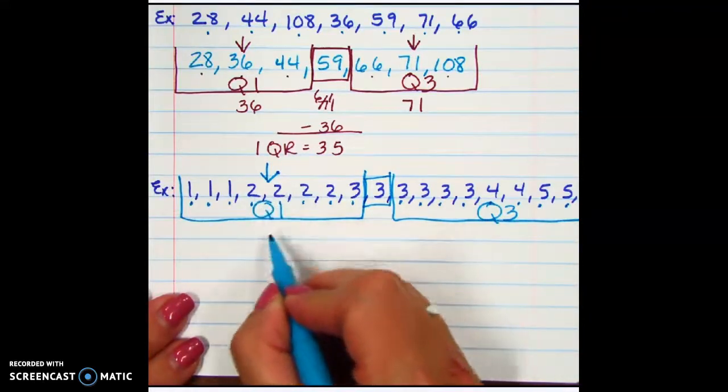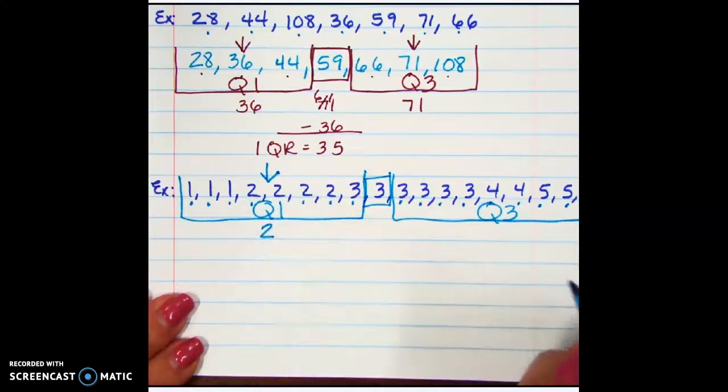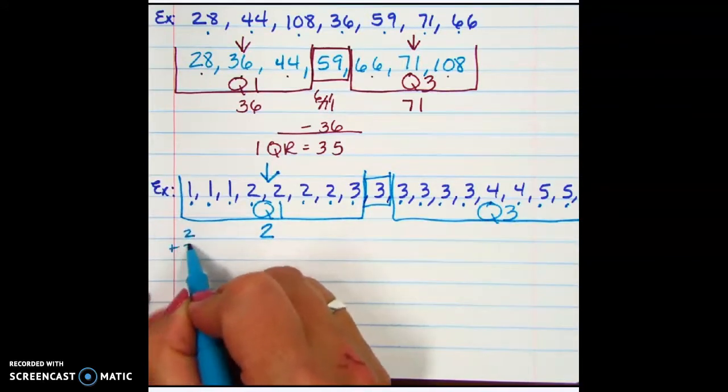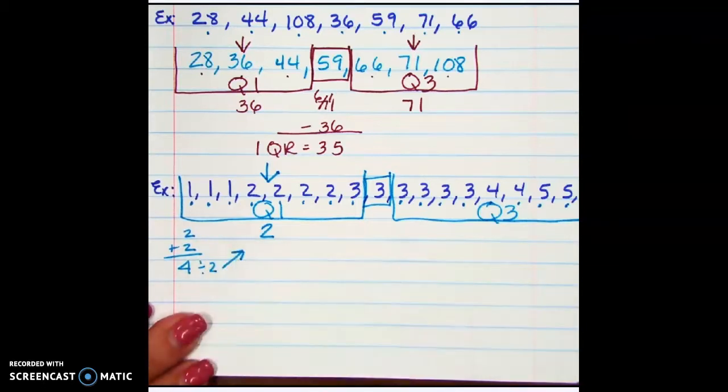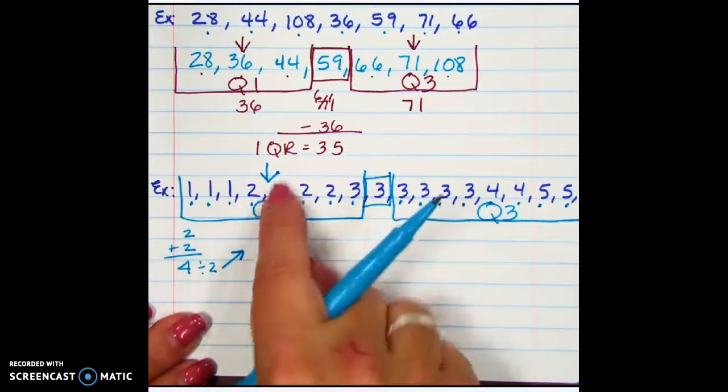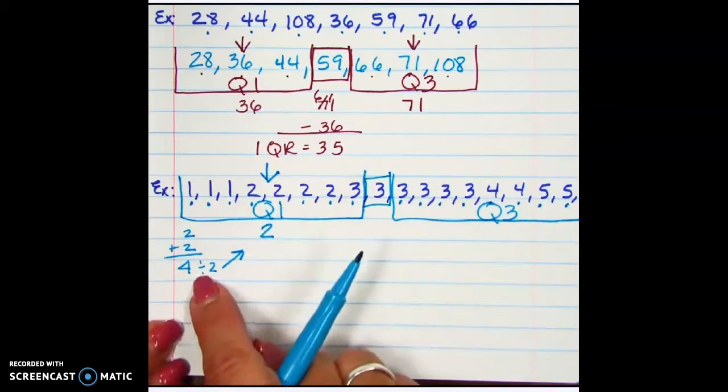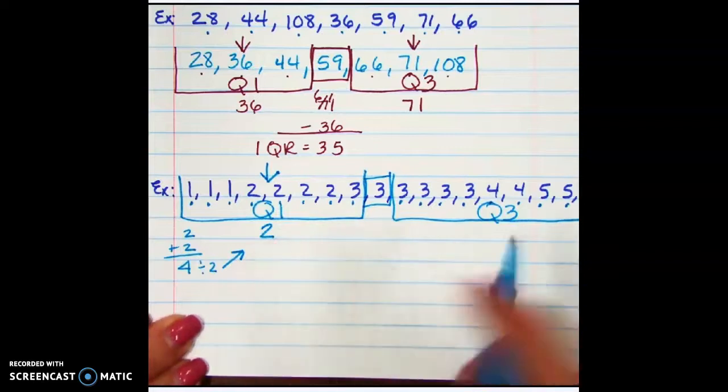Well, what's between 2 and 2? 2. Now, I could find the mean by adding and then dividing by 2, and I still get 2. So there's 2, that is going to be my median. That is my mean, which ends up being my median anyway.